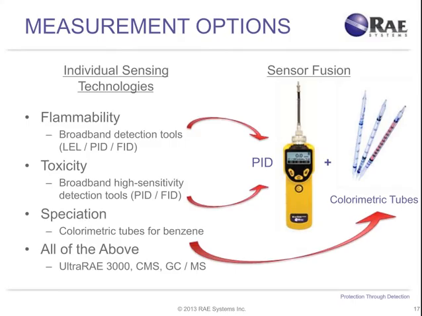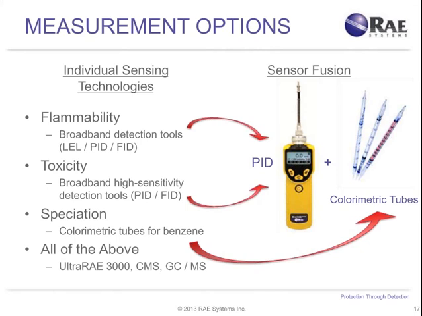So what are your options in terms of using portable equipment? If you look at the individual sensing technologies that we briefly reviewed earlier, right? You can use a PID, a photoionization detector, or a flame ionization detector to really cover the toxicity to flammability range, right?